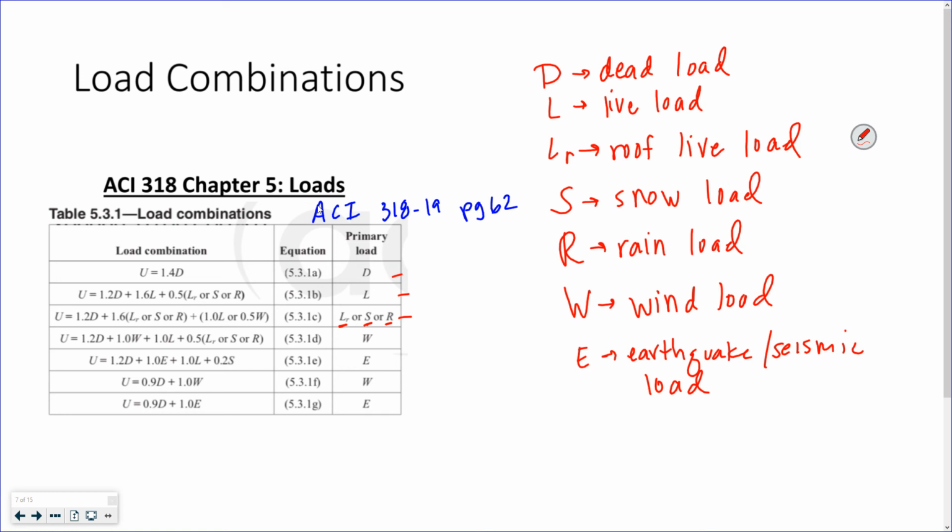And then you see we have our wind and earthquake. You can see in these two down here, we're reducing our dead load, so that's like our uplift cases. Either the wind is forcing something up, or like the floor diaphragms or the roof diaphragms, or an earthquake is causing upward motion on maybe one side of the building.